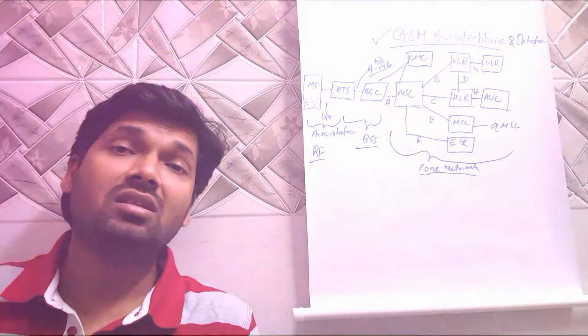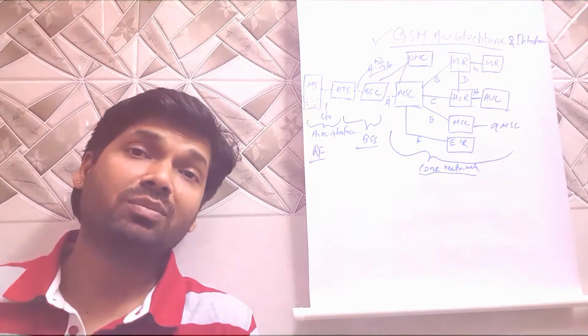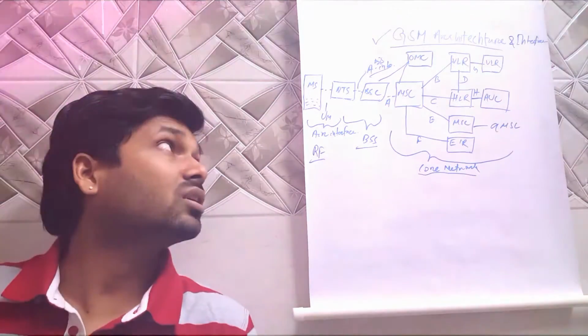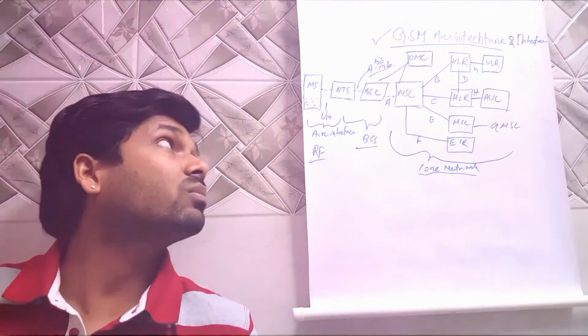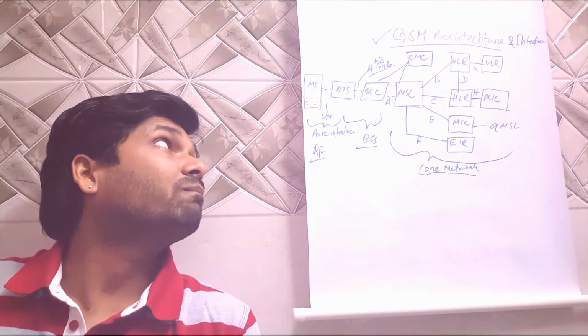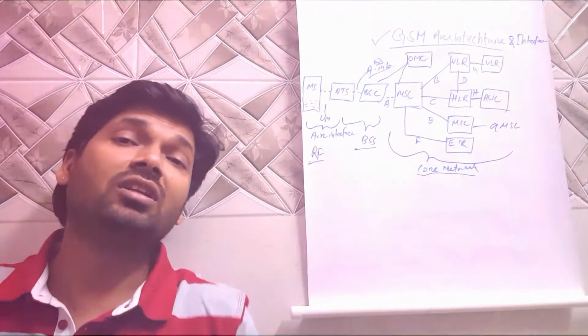BSC is nothing but the base station controller, which controls multiple BTS or maybe one BTS. There's always a limitation on how many BTS and how many TRX a BSC can handle. The TRX is a network element which is used inside the BTS.